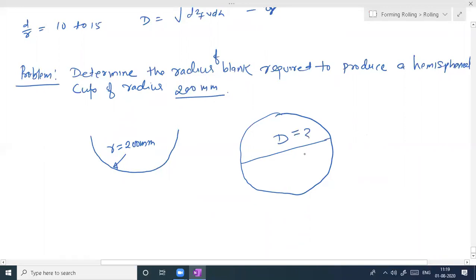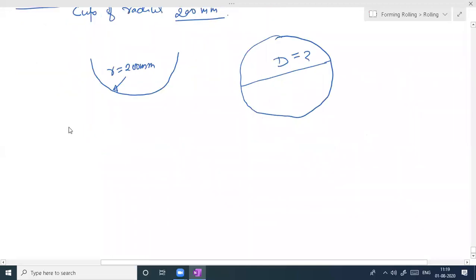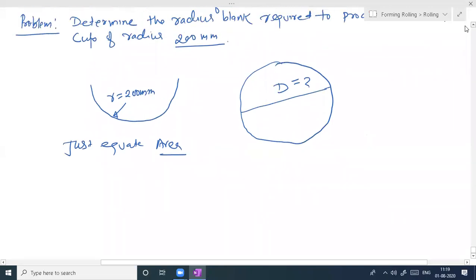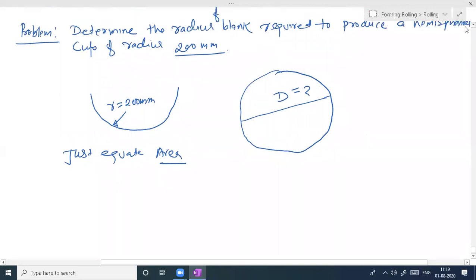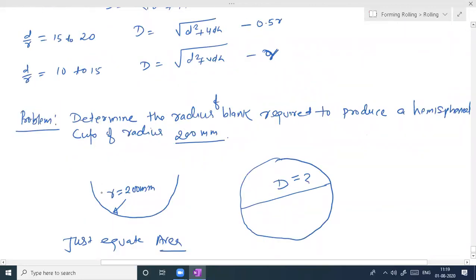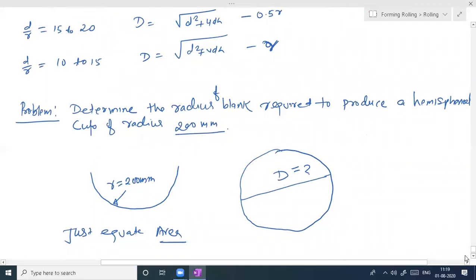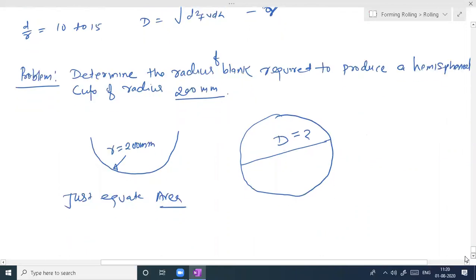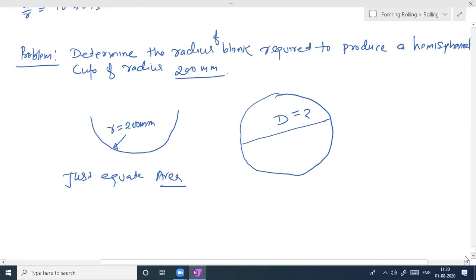Here there is nothing to solve, just equate the area. Yes, it is a hemispherical cup, so just equate the area.